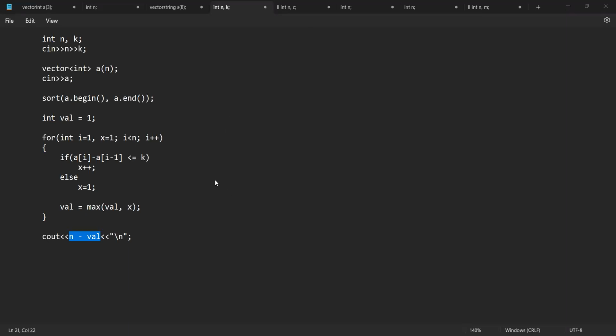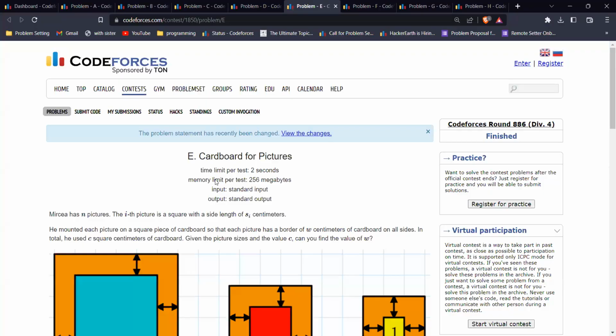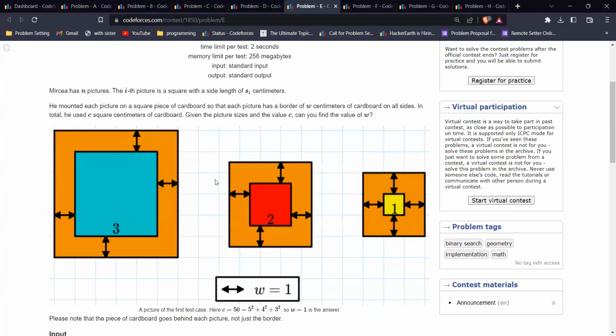So this is the fifth problem, and in this problem, we are basically given that Mirkya has n pictures, and the ith picture is a square with a side length of Si centimeters. And then he mounted each picture on a square piece of cardboard.